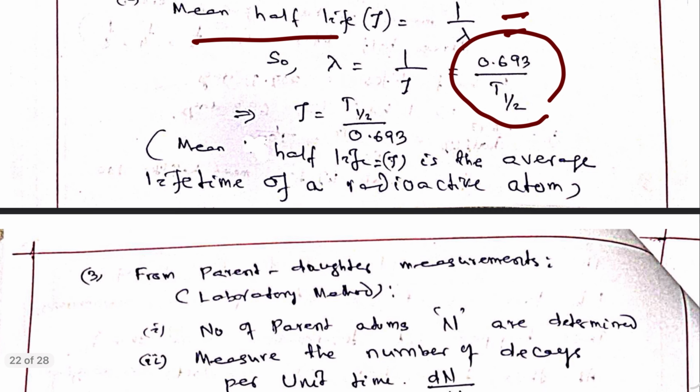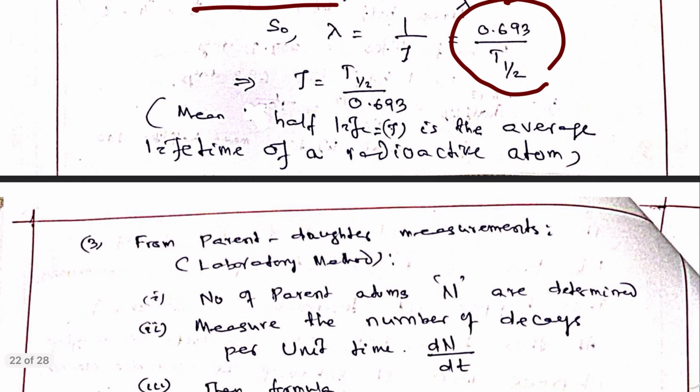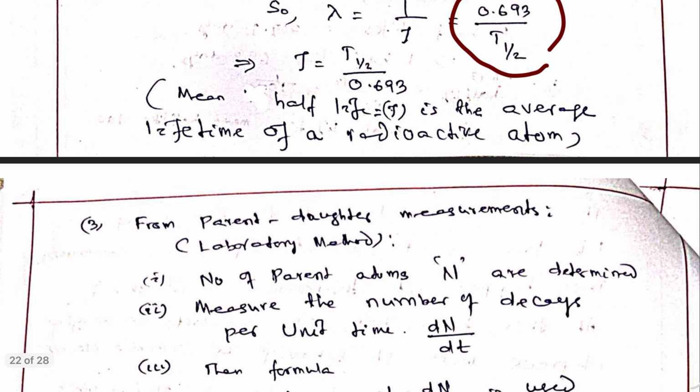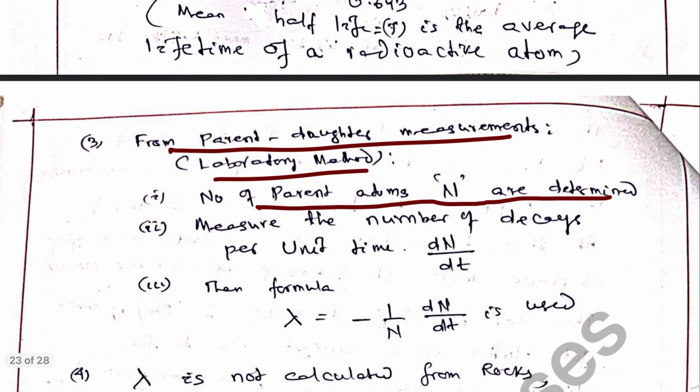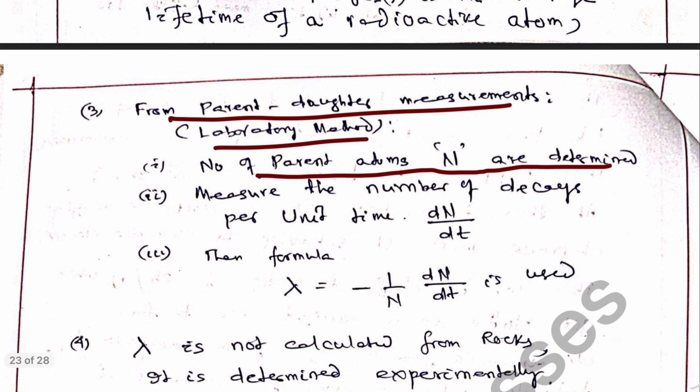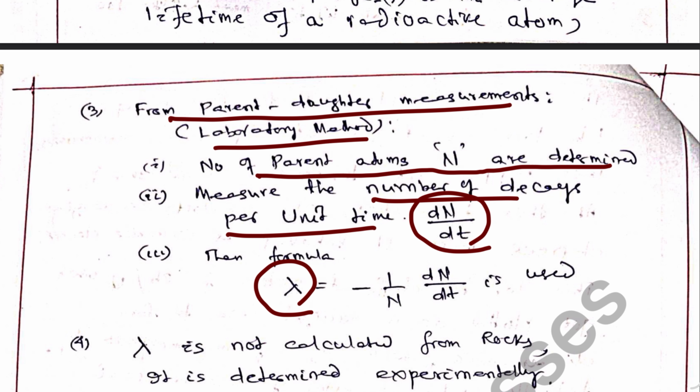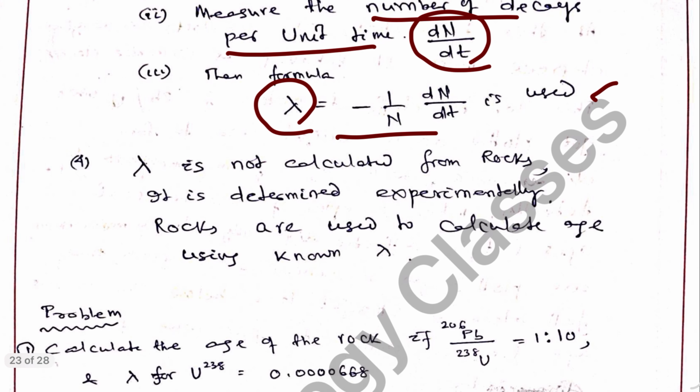This mean life is the average lifetime of a radioactive atom from parent daughter measurements. It is a laboratory method. The number of parent atoms N in a sample is determined. Then the number of decays per unit time is measured, dN by dt. Then the formula lambda is equal to minus 1 by N dN by dt is used to find the decay rate.